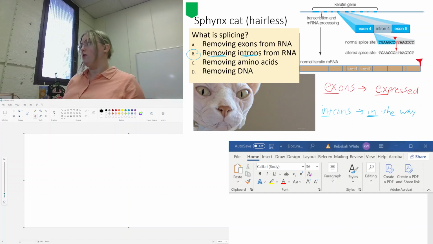Okay, so here's our little intron. Now we have this section, or this GT. At a normal splicing site, we get a GT. At an altered splicing site, we get an AT, right? That's a change in one nucleotide, but it makes a big difference.